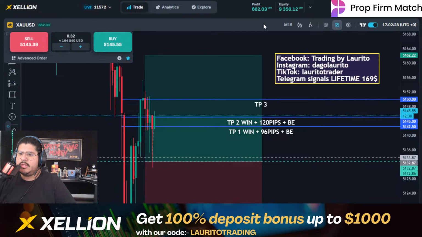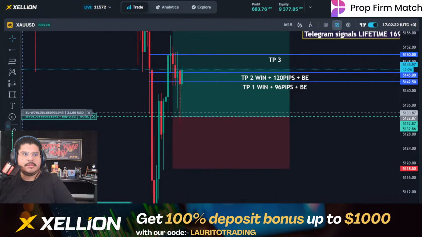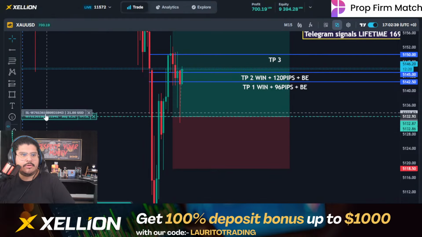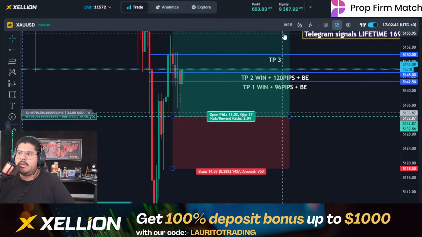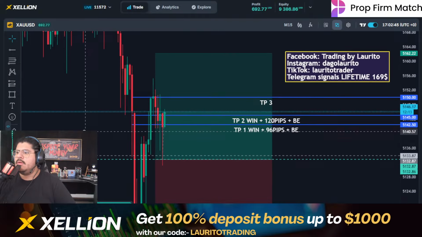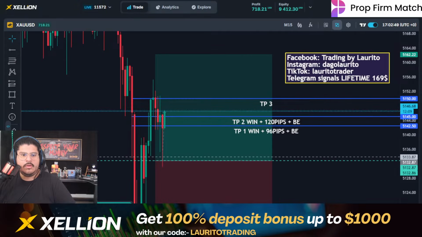Remember the price is there. The position taken is there. I know some people probably don't see the lines, but the orders are here, and the profit is there. So, let's see what happened.